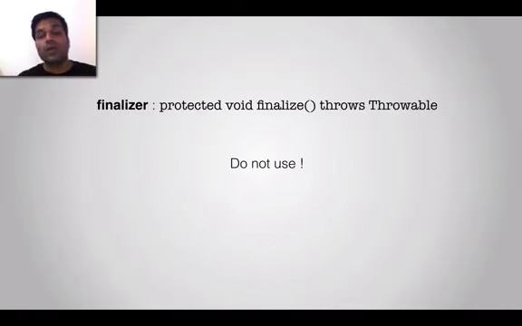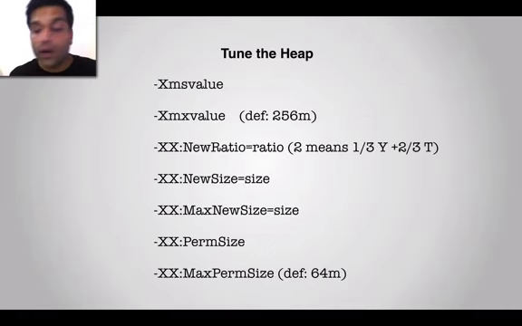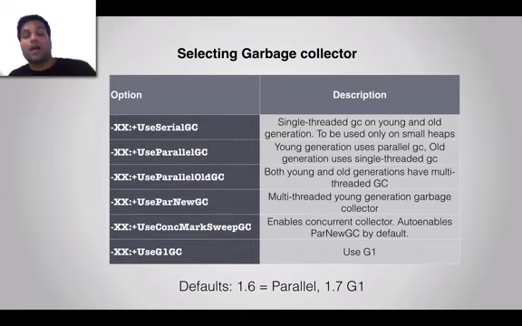Now, given that, how do you really use these garbage collectors? So in this slide, I'm just showing how you would use a given garbage collector in your application. Suppose you want to use the single-threaded serial garbage collection. You would use this option, -XX:+UseSerialGC.